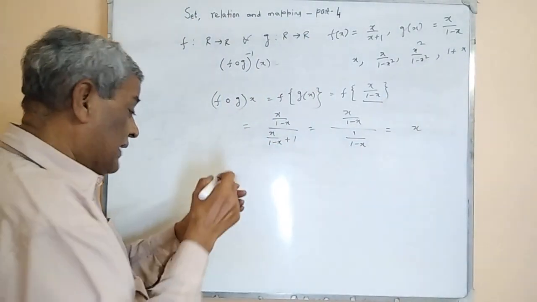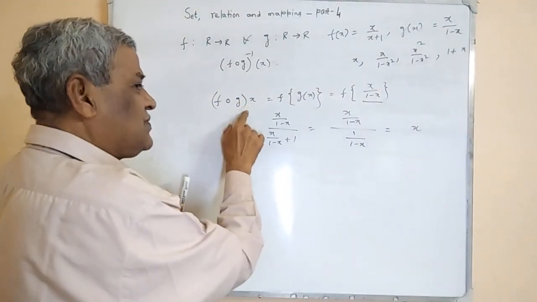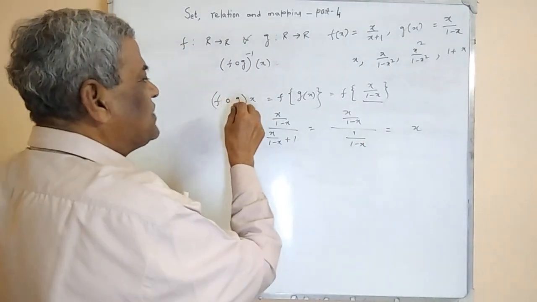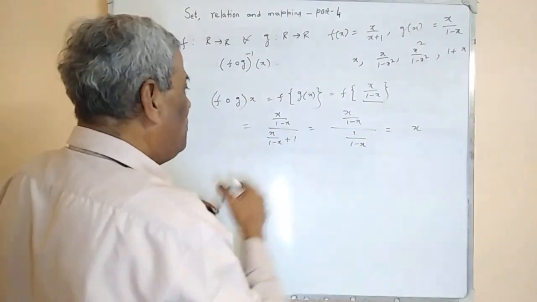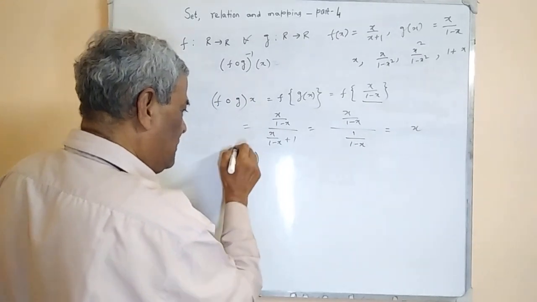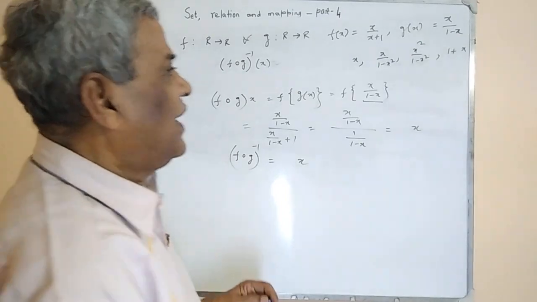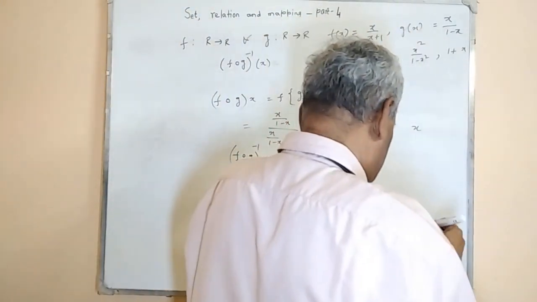Thus we get f∘g(x) is equal to x. Then the inverse function of it will be the same itself. Therefore, (f∘g) inverse is equal to x. So our first option is correct.